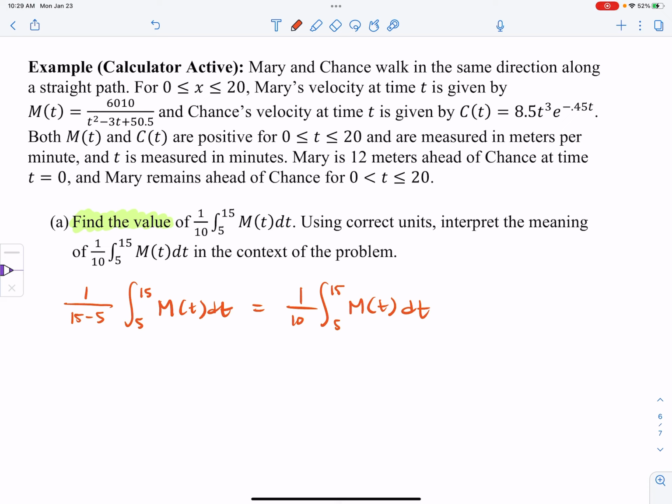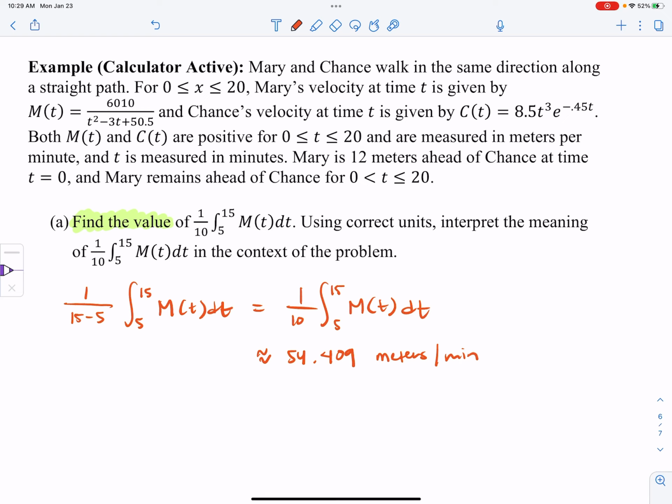And I get approximately 54.409. This is the average value of m, so it'll be the same unit, meters per minute.